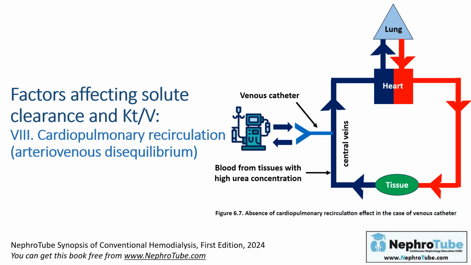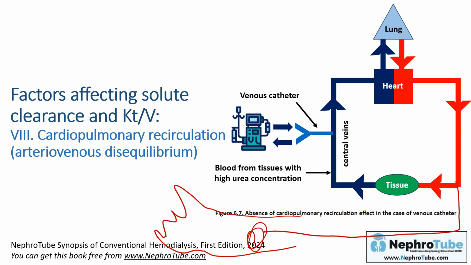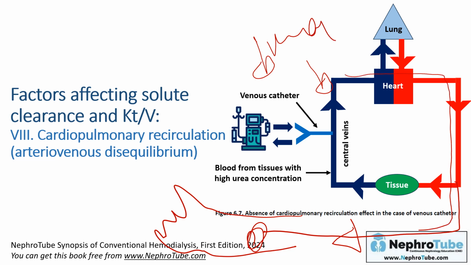Let's complete the picture. Where is the fistula? If we are using a fistula, the fistula is here. Let's suppose this is the arm of the patient, this is the fistula, and the fistula is taking blood from here. So this is diluted blood with low urea, and it will go to the fistula.